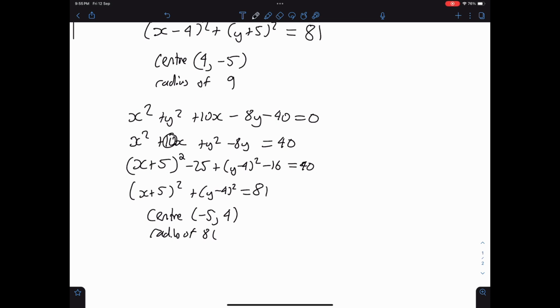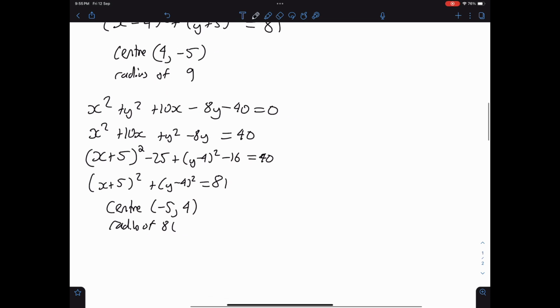So we could say that that's actually x squared plus y squared plus 2ax plus 2by plus c equals 0. Because we've halved that to give us our b thing in there.